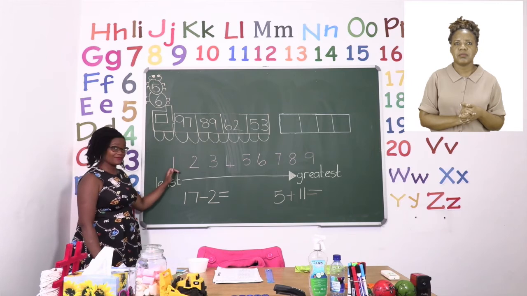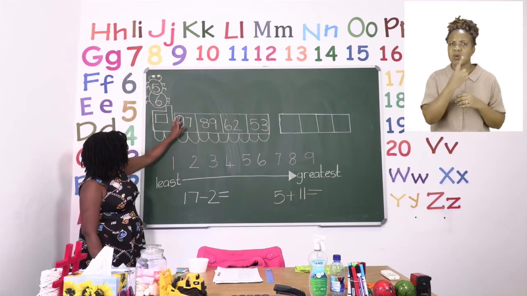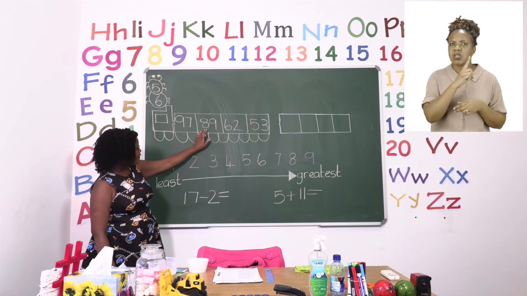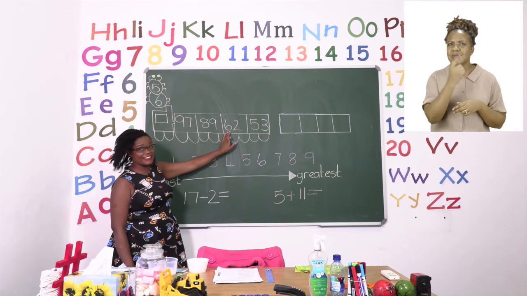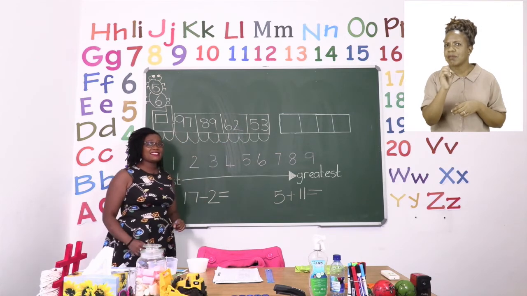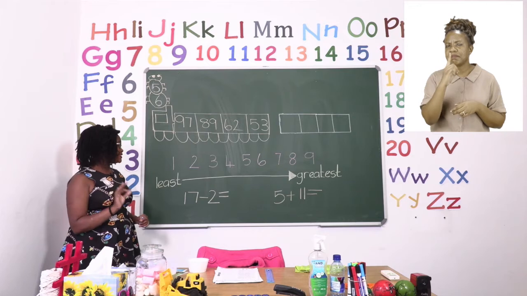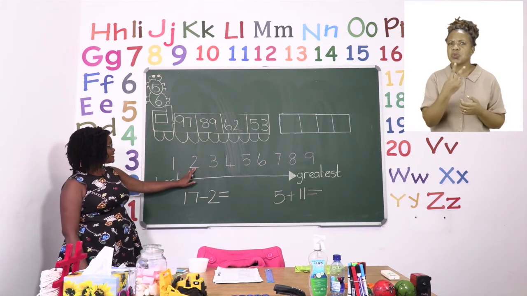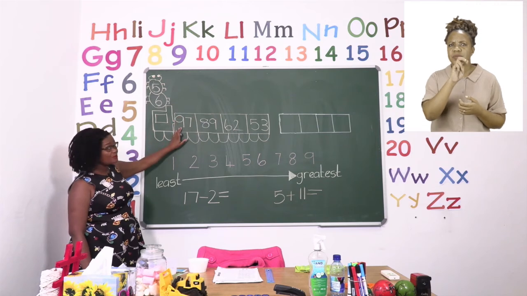Do you see a 1 for Mr. Tens? No. No. No. And no. So that means that that's not where we are going to start. Let's try and look for a 2 for Mr. Tens. Is there a 2?